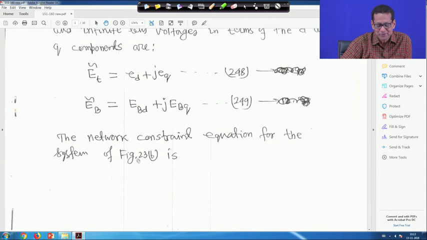You go back to figure 23b. Figure 23 had the generator, then a transmission system, and the Thevenin equivalent was RE plus JXE, in addition to the infinite bus, that is the Thevenin voltage EB, which is given in figure 23b.